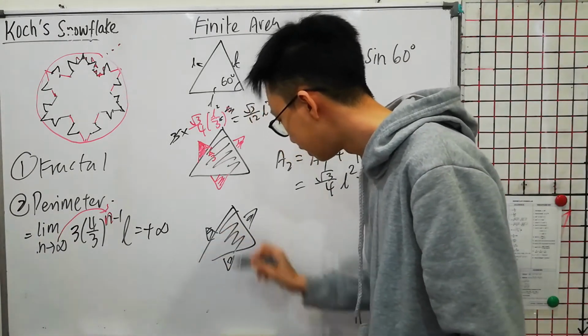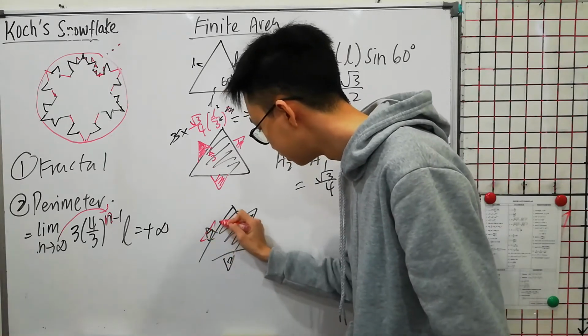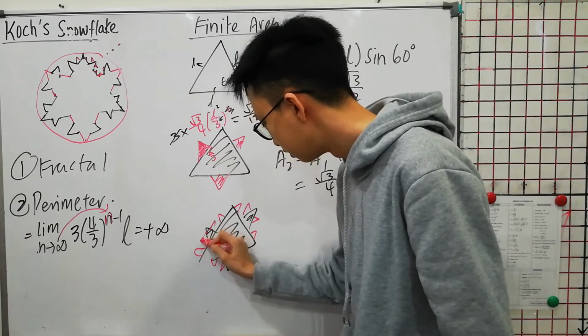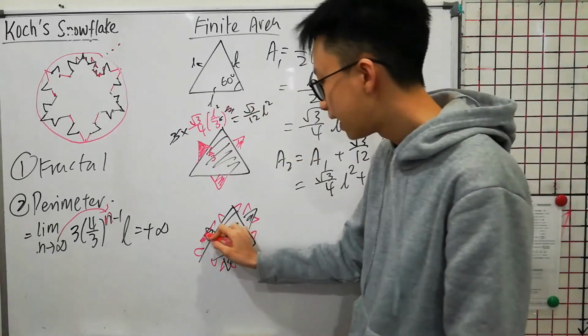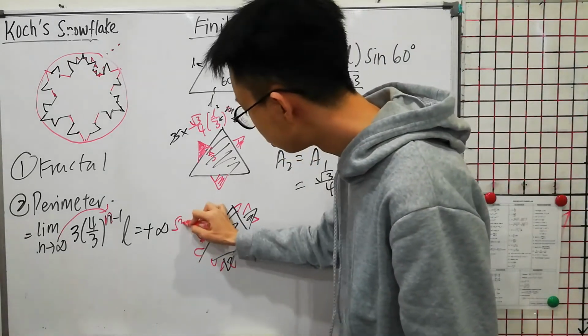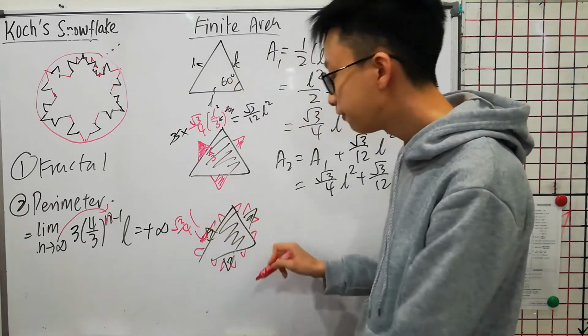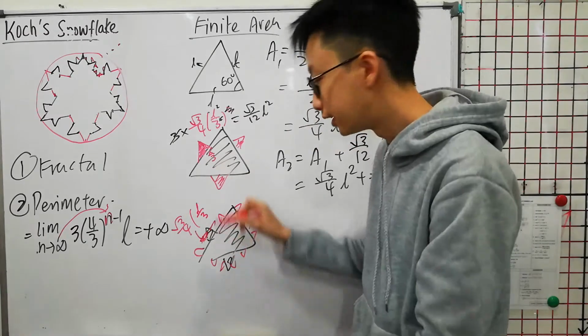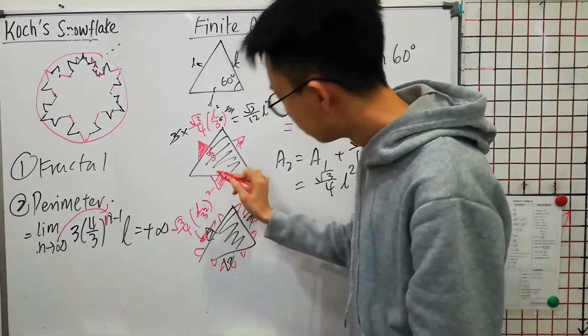The red triangles. So the area of one red triangle will be root 3 over 4 multiplied by L over 3, then divided by 3 again, which is (L over 3) squared.